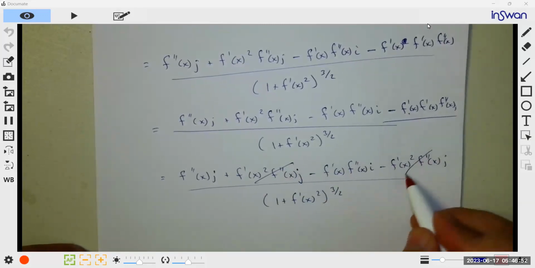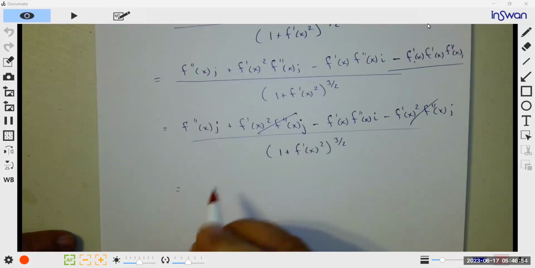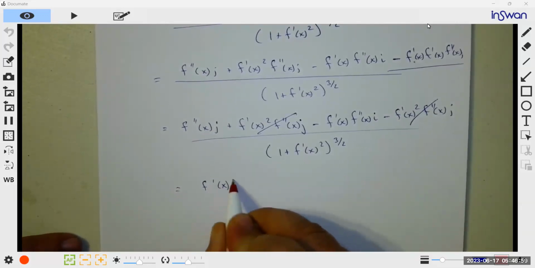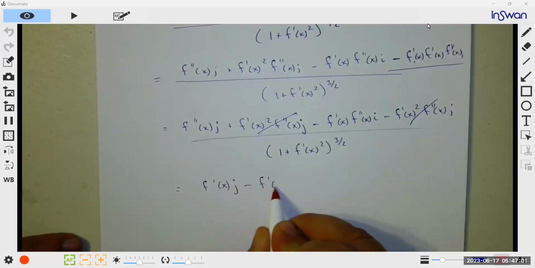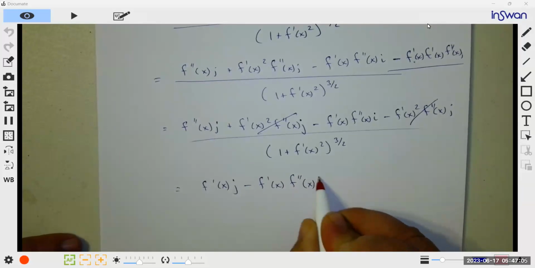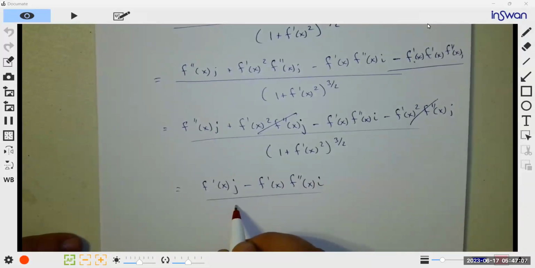So these two cancel. Minus f prime of x f double prime of x i, all over 1 plus f prime of x squared to the 3/2 power.